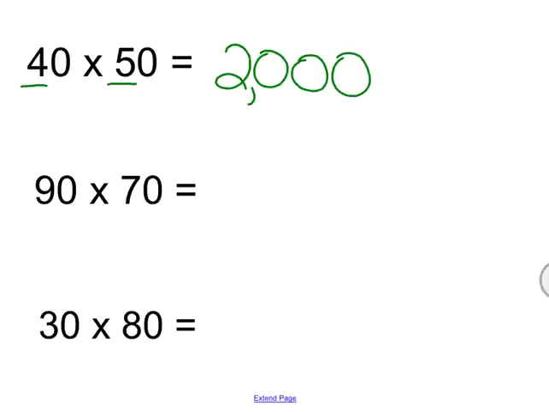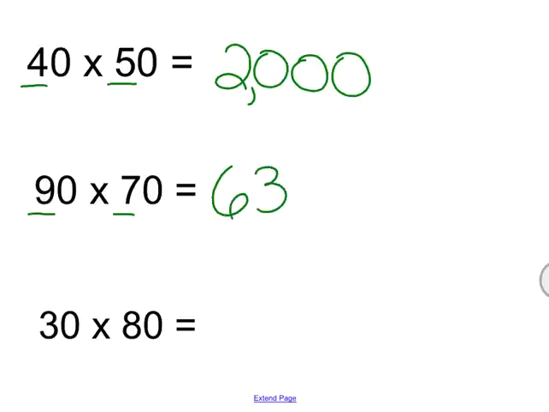And now I'm going to follow the same steps for the second and third example. So now we have 90 times 70. Again, let's identify the basic fact, which is 9 times 7. So boys and girls, we really have to know our basic facts so that we can multiply more accurately and more quickly. Okay, so 9 times 7 is 63.